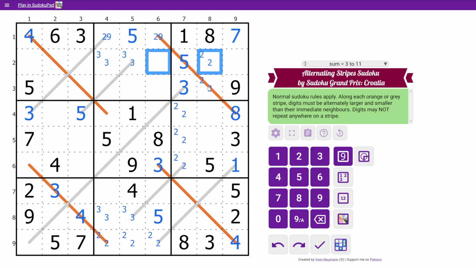But I don't know if that would work either, because if this was larger than this number, which it would have to be, this would have to be smaller, but this would have to be larger, and then this would have to be smaller. I don't know.